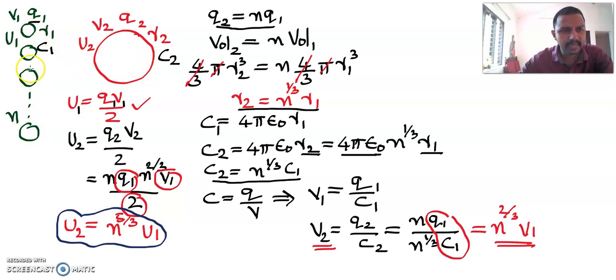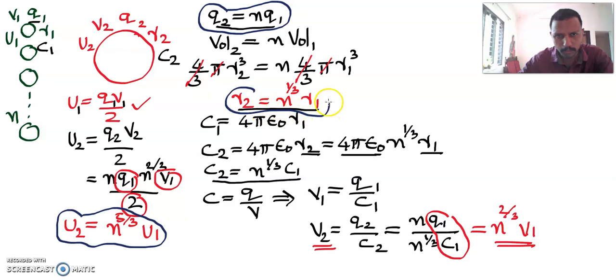If n identical liquid drops are combined to form a single liquid drop, the relation between charge of the larger liquid drop and charge of one of the smaller liquid drops will be Q2 is equal to nQ1. This is the relation between charge. Then the relation between the radius of the two spherical conductors will be R2 is equal to n raised to 1 by 3 R1.